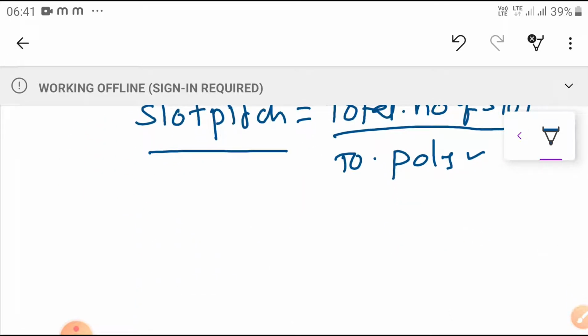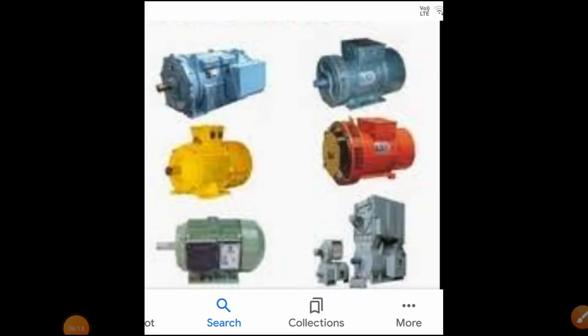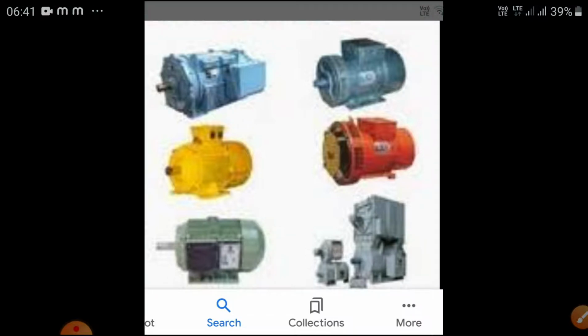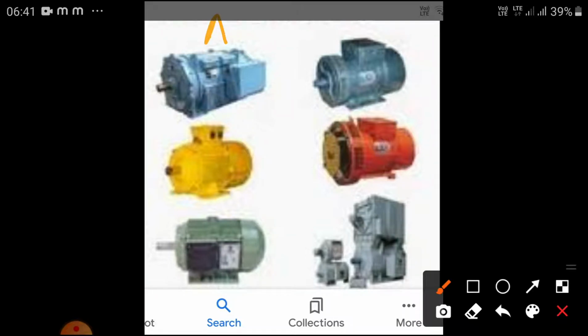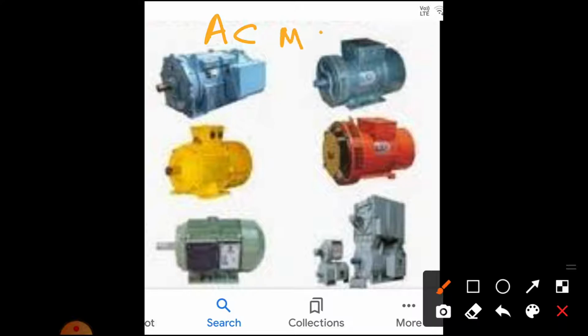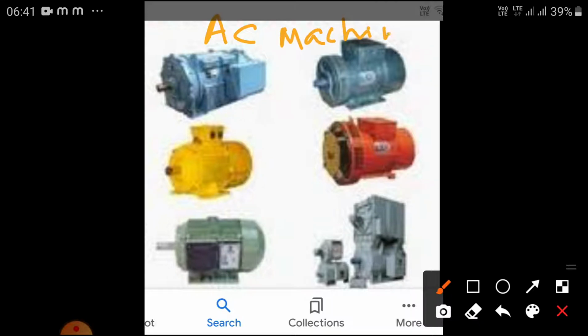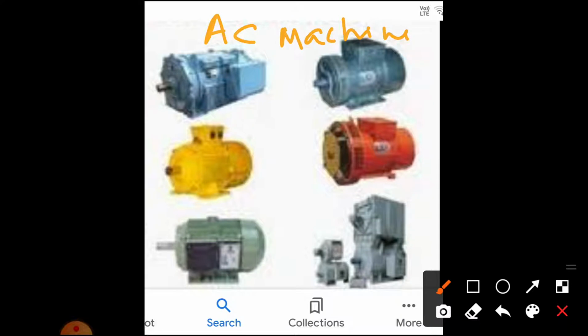Now let us see the AC machines once again. We know that AC machines with capacities from fractions of watts to some hundreds of kilowatts are used in our electrical field for various applications.